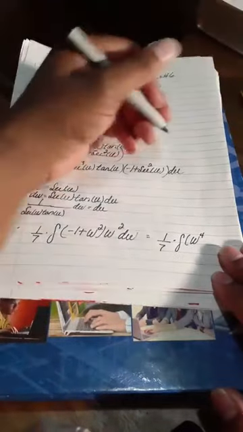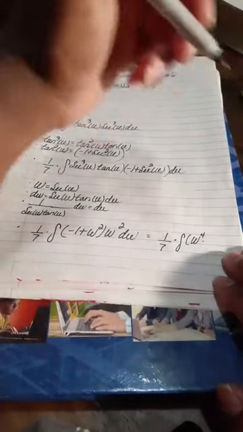We can go ahead and expand that out. That'll be 1 over 7 times the integral. If we expand it out, looks like we'll get w to the 4th minus w squared, and then dw.